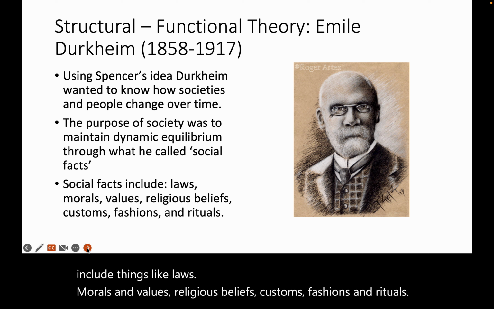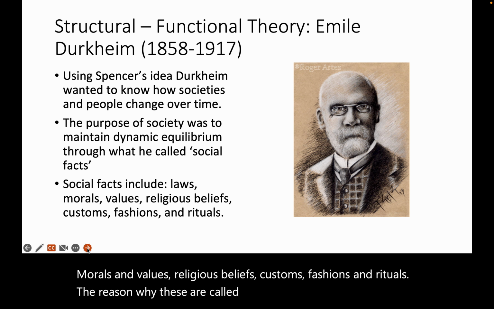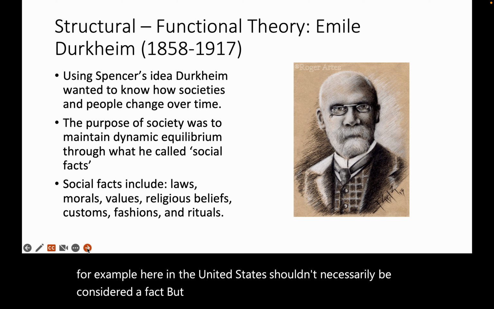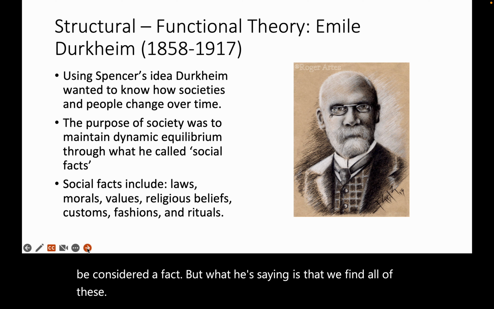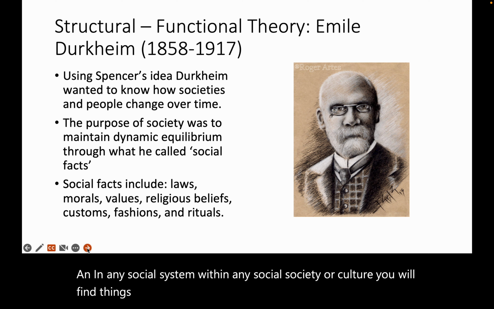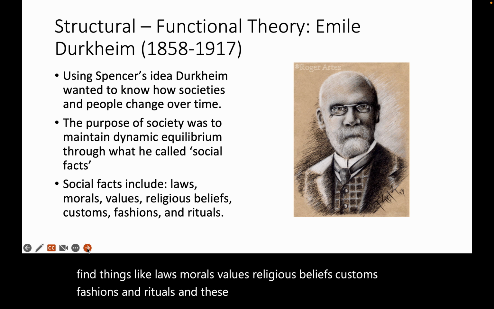The reason why these are called social facts isn't just because a law, for example, here in the United States, shouldn't necessarily be considered a fact. But what he's saying is that we find all of these within any social system, within any social society or culture. You will find things like laws, morals, values, religious beliefs, customs, fashions, and rituals. And these tend to be facts of any type of social system.